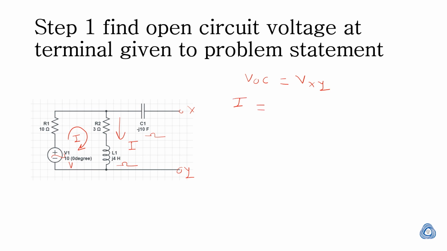To find I, we know the formula is current equals voltage divided by resistance, and here it is impedance because it is an AC circuit.